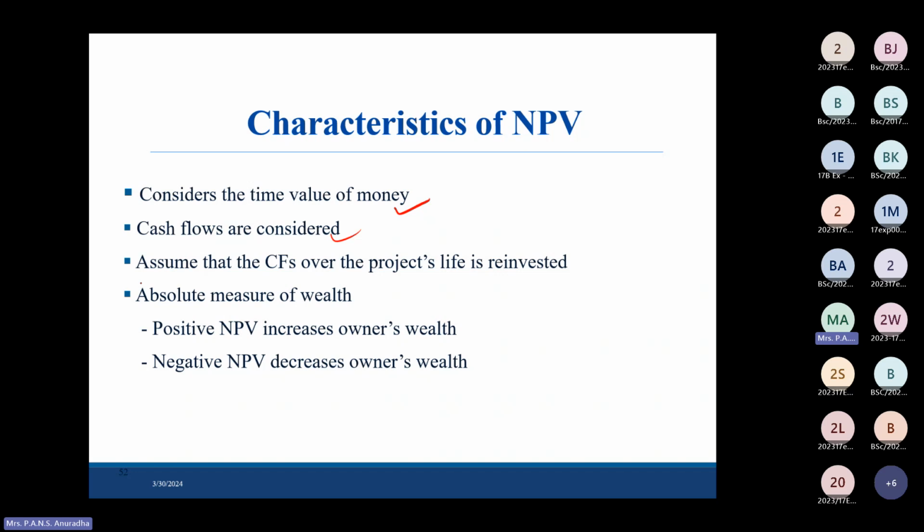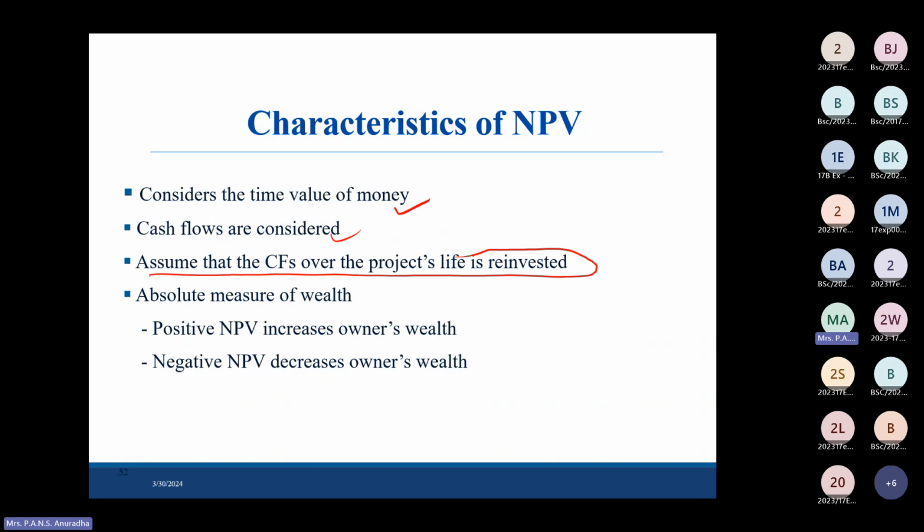Assume the cash flows over the project are reinvested. So this is a very important characteristic or assumption. When we calculate this net present value, there is an implied assumption. What is the assumption?